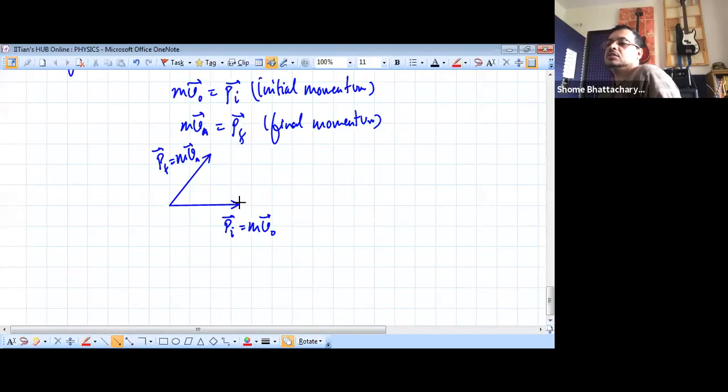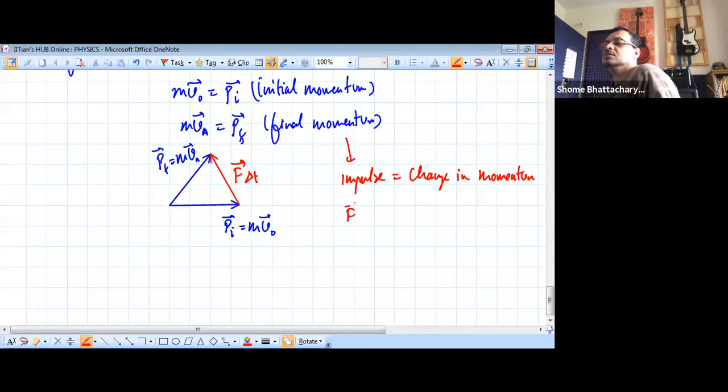It's the change in momentum. So the vector difference of this and this will become this. And this is the impulse that has acted on E, which is a large amount of force acting over a short duration of time. So again, impulse equals the change in momentum.